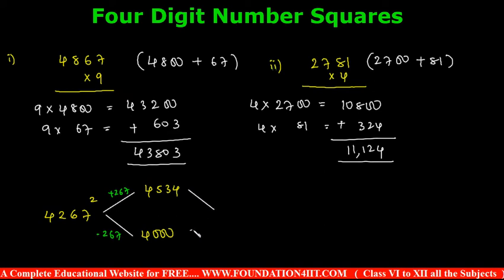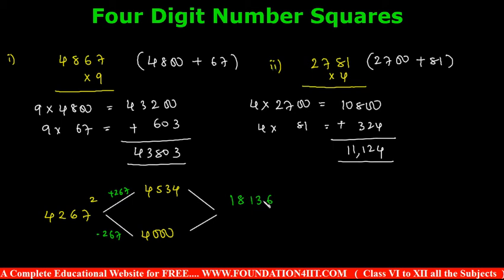Next, 4,534 into 4. Whatever concept you applied before, you can do the same way. I have done this and got the answer 18,136. This is 4-digit by 1-digit multiplication.